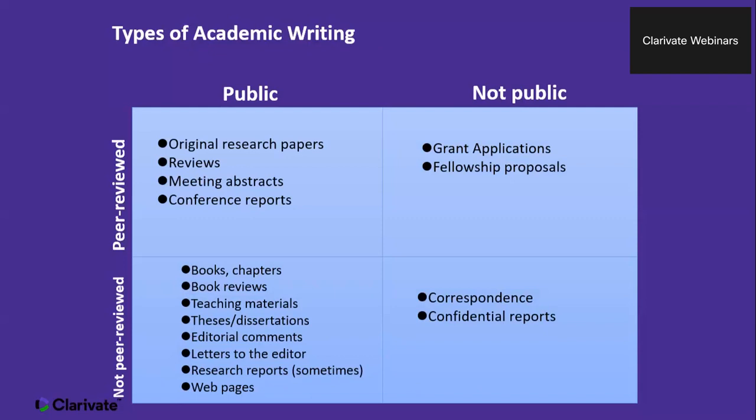It could be book chapters. Book chapters typically are invitations by experts to write on a topic, and they are not subjected to the step-by-step peer review as we see in journal articles. So these are the types of academic writing that you will come across.